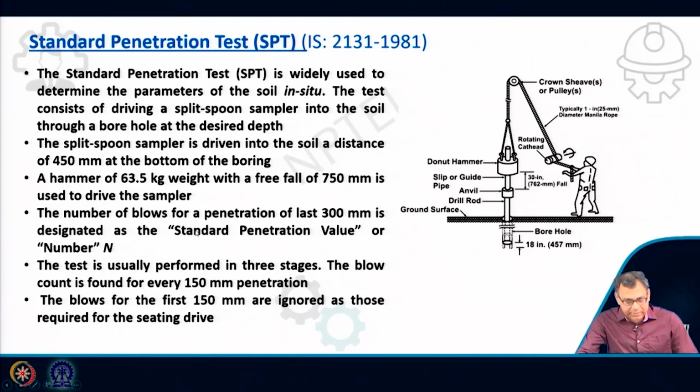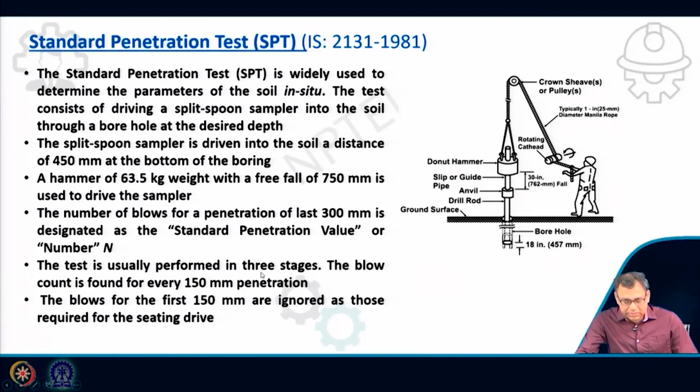The first 150 millimeter penetration value is neglected, and the number of blows required to penetrate the last 300 millimeter is considered as the N value.